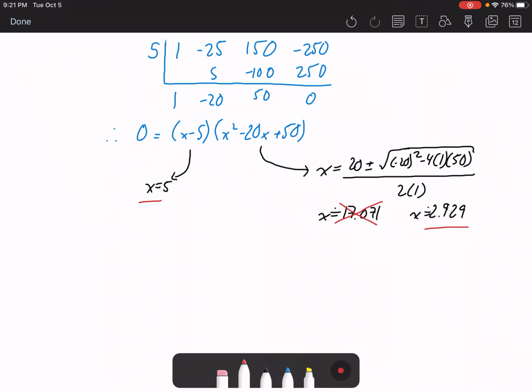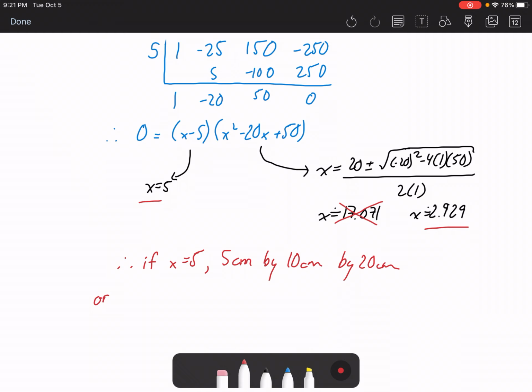So here's our possible solutions. If x equals 5, then we have 5 centimeters by 10 centimeters by 20 centimeters, just by substituting back into our values.